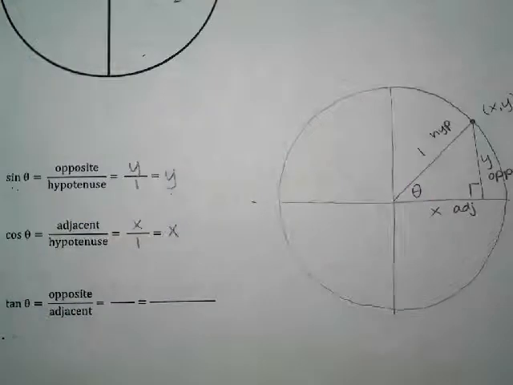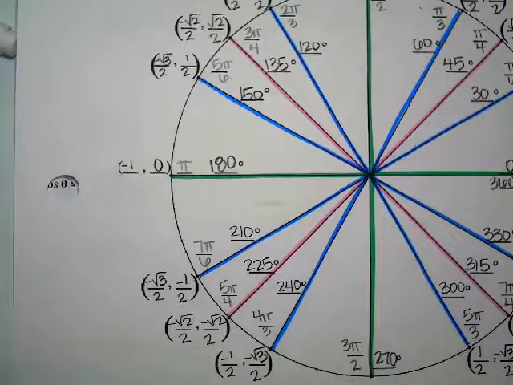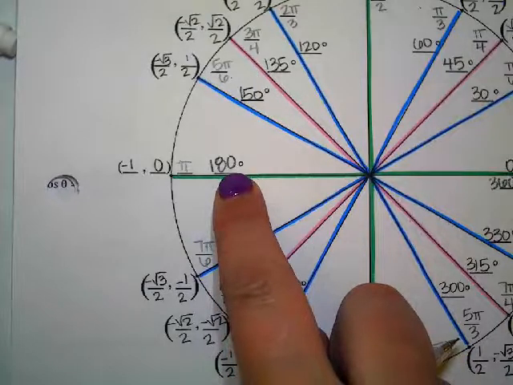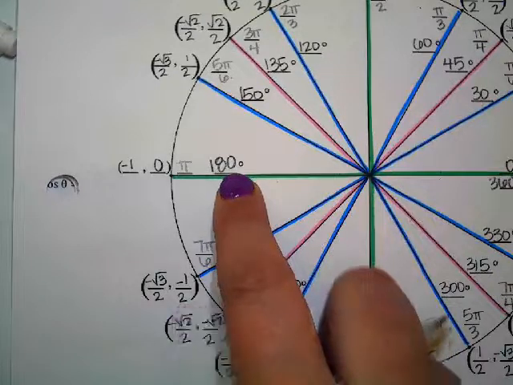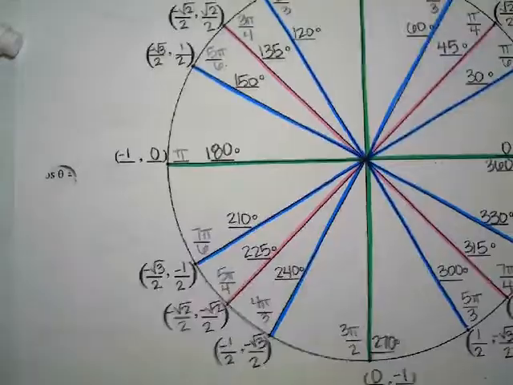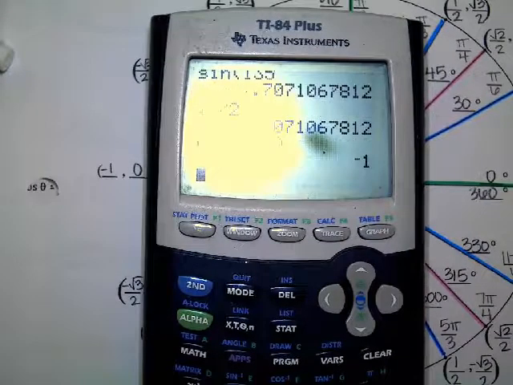So if we look at our unit circle and we say, okay, cos of 180 degrees, I can get my calculator out and type cos of 180 degrees, or I can look at my unit circle. Cos of 180 degrees is just going to be -1. It's going to be the x-coordinate. So let me do that real fast. Cos of 180 degrees, oh, that's -1. Does that make sense?